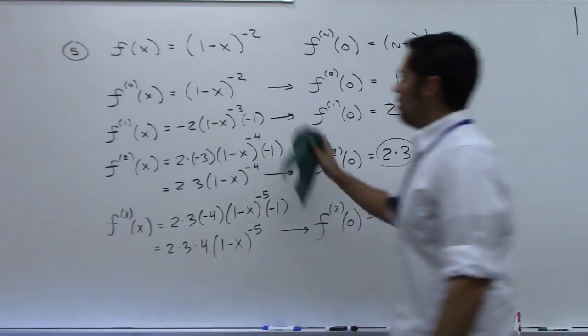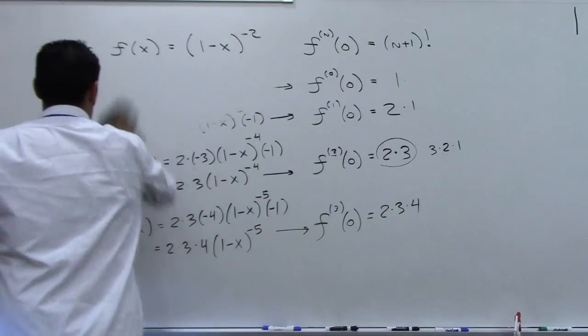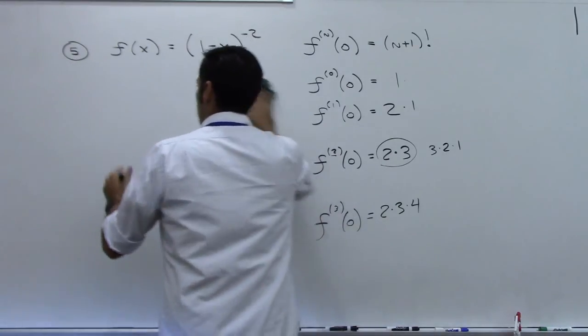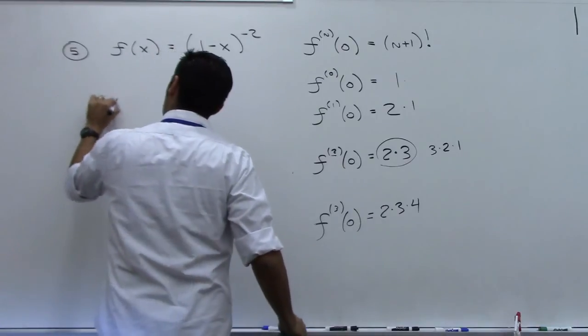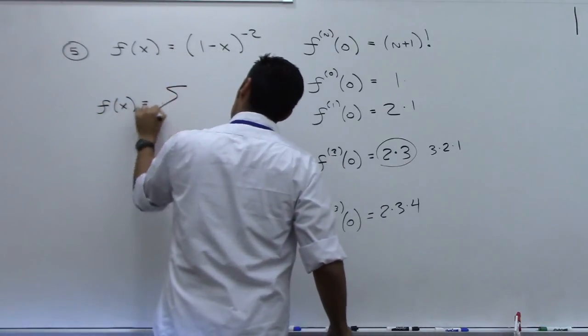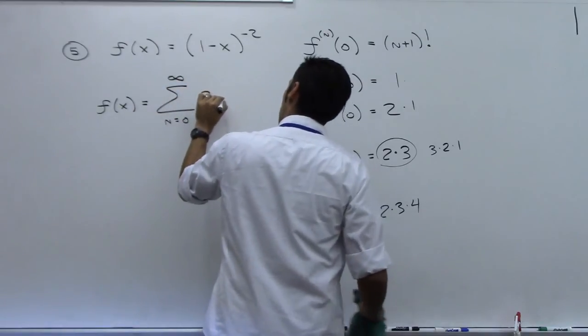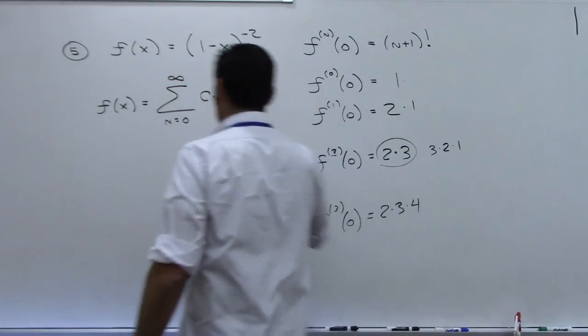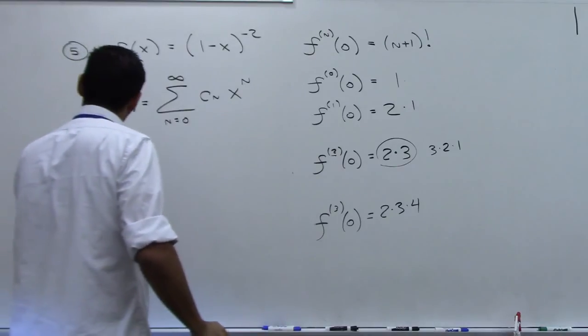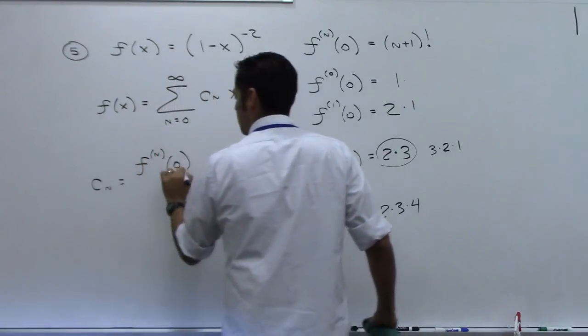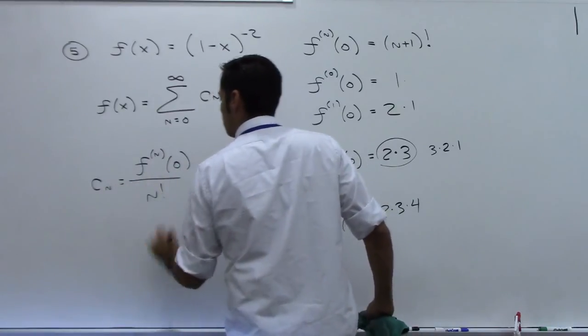So now let's go back and look at what we were supposed to see here. The function should be able to be rewritten as a sum n equals 0 to infinity c sub n times x to the n, where c sub n was the nth derivative at a, which is 0, over n factorial.